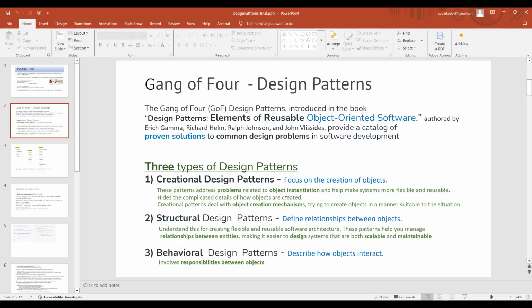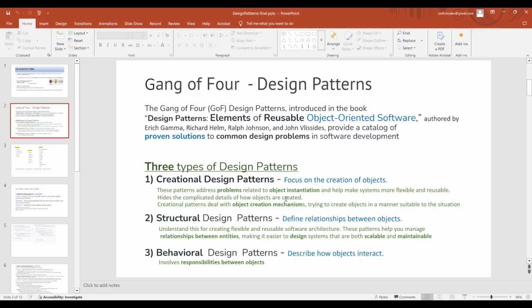Okay, now we have structural design patterns. So now you have so many objects, and you want to define relationships between these objects. Again, problems can occur when you define relationships between the objects. Understand this for creating flexible and reusable software architecture.